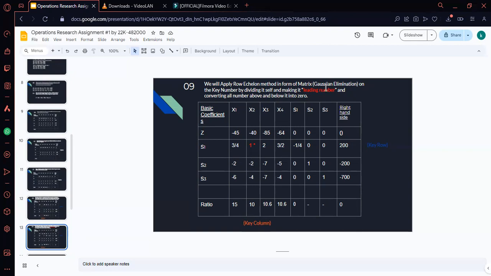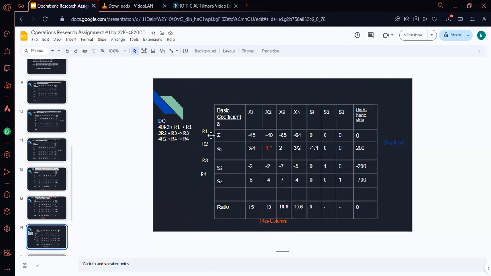So we will perform Gaussian elimination on the key number by dividing the number by itself, making it the leading 1. And now we will convert all of the numbers above and below the 1 into 0 by using Gaussian elimination.